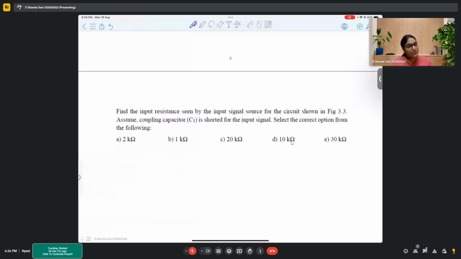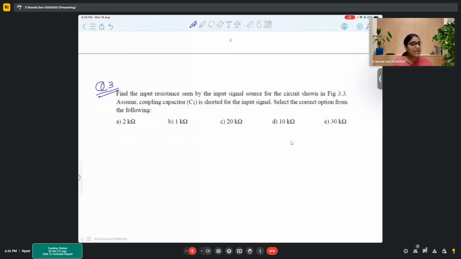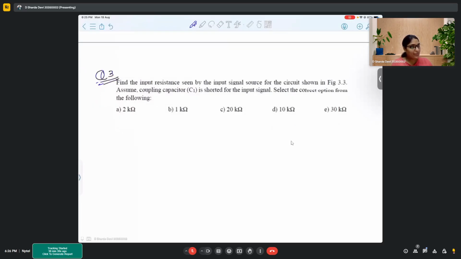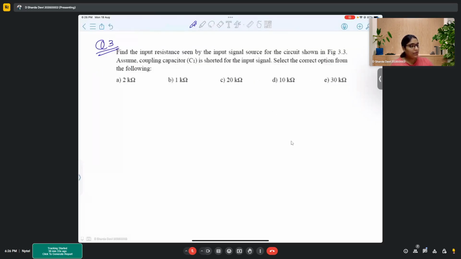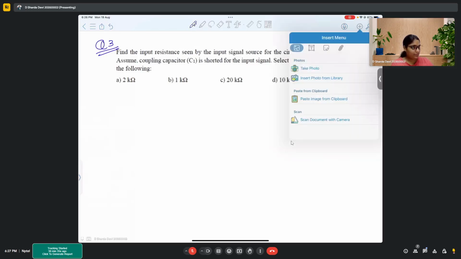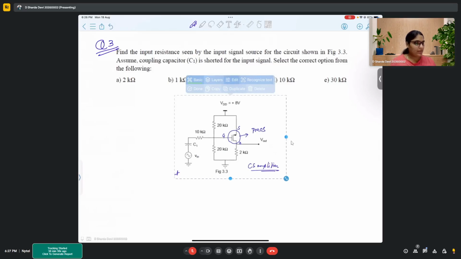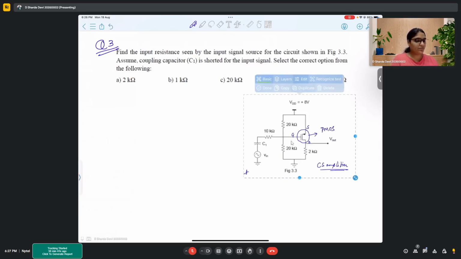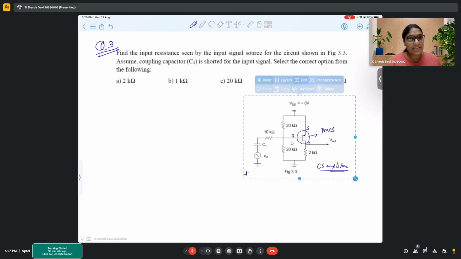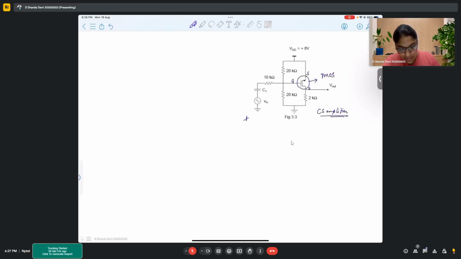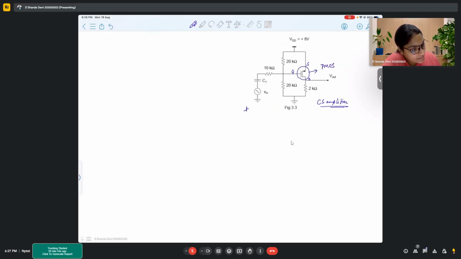Now moving on to question number 3. In this particular question, we have to find the input resistance seen from the signal source for the circuit shown. So here it is again the same circuit, but we have to find the input resistance observed by this particular signal source. So what are the resistors that this source will observe?